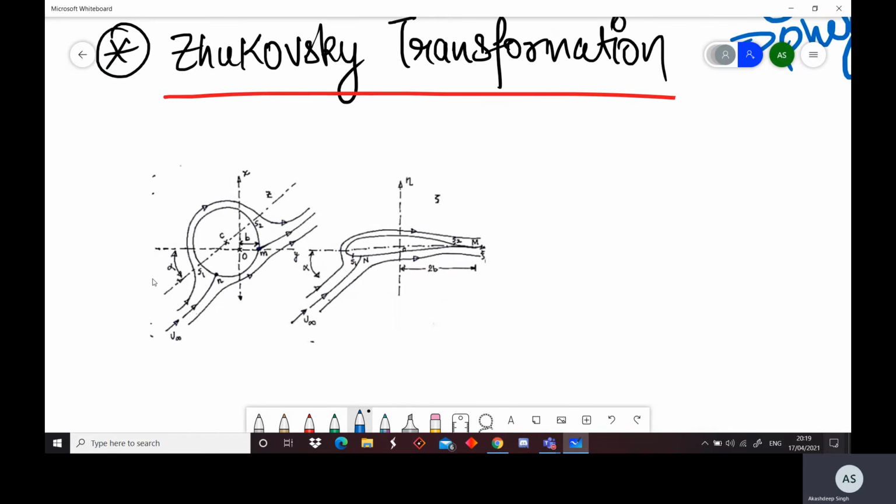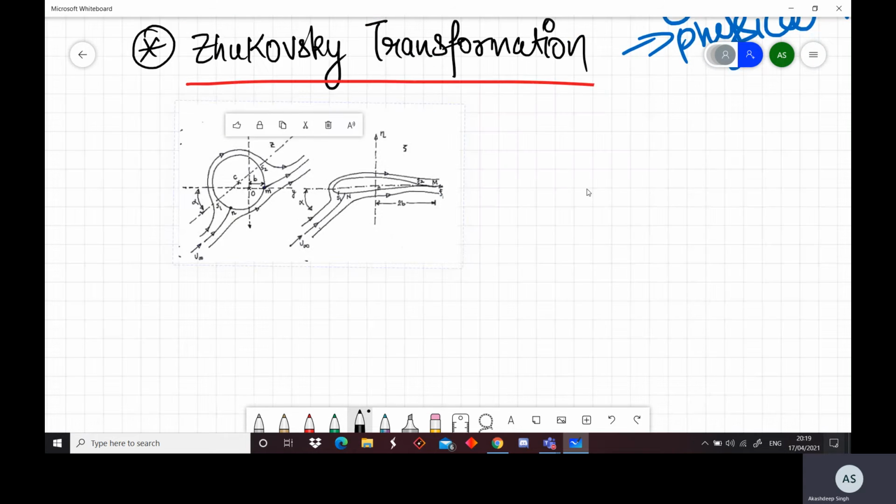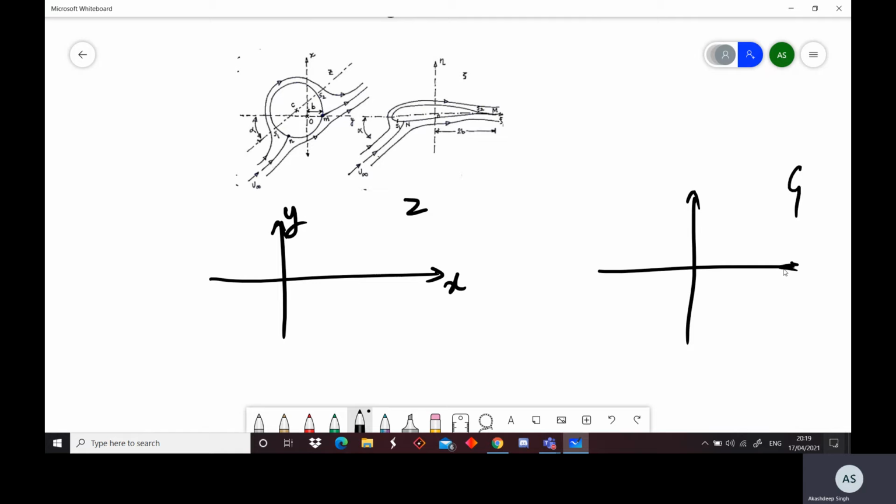Okay, so what is Joukowski's transformation? It's a complex mathematical construct or method which transforms, let's say, some z plane, z equals x plus iy, into some zeta plane, zeta equals eta plus i psi.